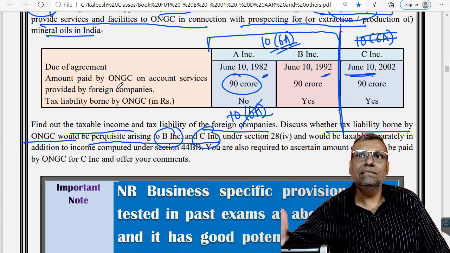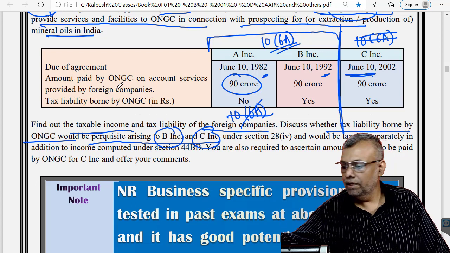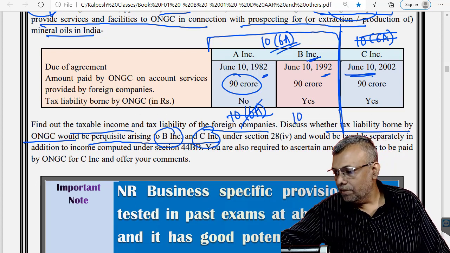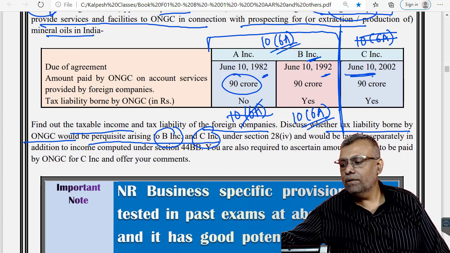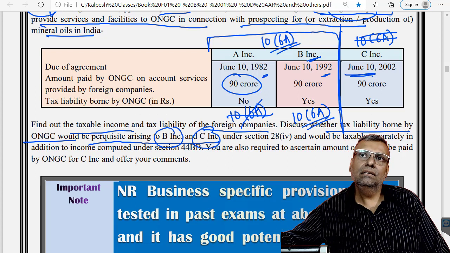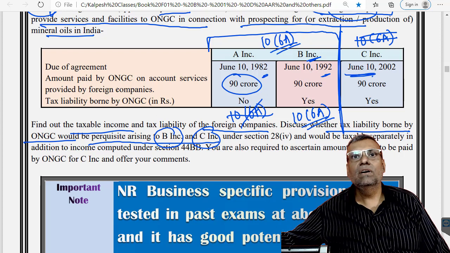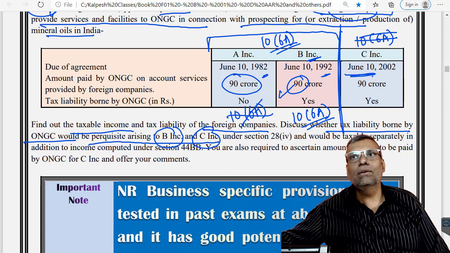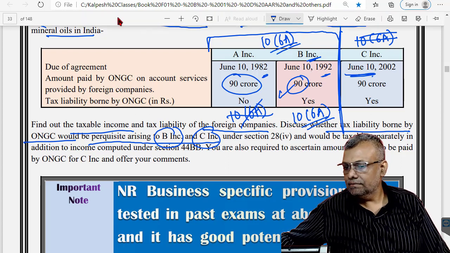Its 10(6)(a) application will not come into the picture, because ONGC is not paying the taxes. Now in case of BINC, the 10(6)(a) benefit will be applicable. However, whatever taxes ONGC is paying will not be taken into account for the gross income calculation. So my gross income itself will be 90 crores. I will not take 90 crore plus X.